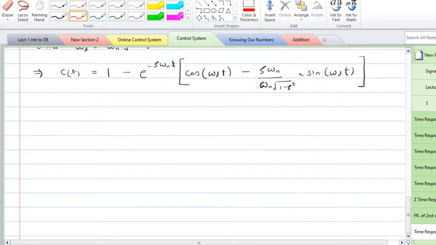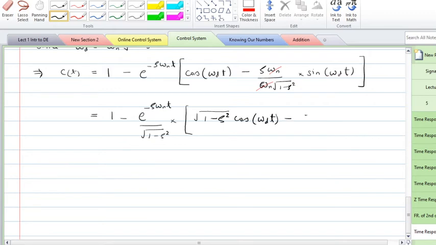This omega n cancels with this omega n, so we will get 1 minus e raised to power minus zeta omega n t divided by under root 1 minus zeta square, taking it common, so that it gets multiplied with this term, cos of omega d t minus zeta times sine of omega d t.